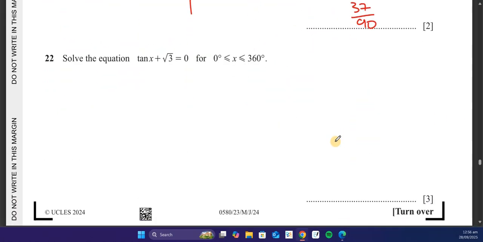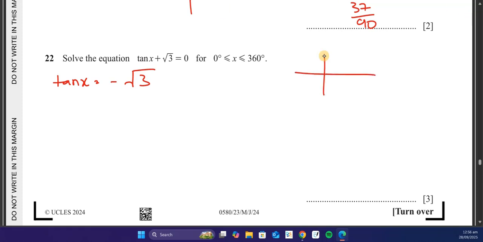Question 22. Solve the equation tan x plus root 3 is equal to 0 for the range 0 to 360. So tan x is equal to minus root 3, and using CAST, tan is negative in the second and fourth quadrants, so this is 180 minus x, and this is 360 minus x.